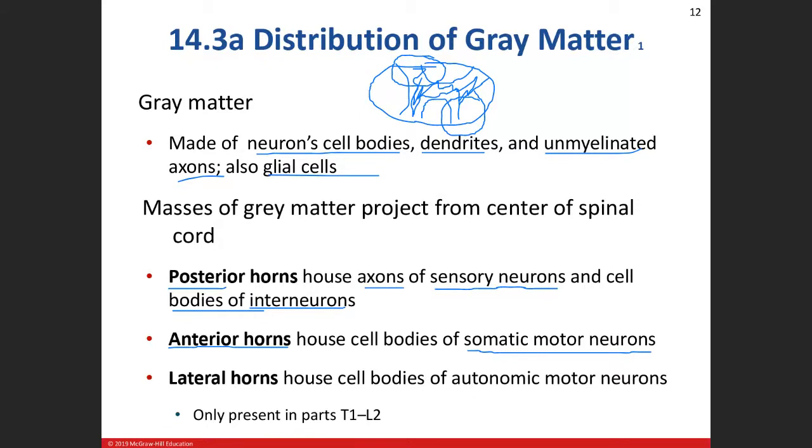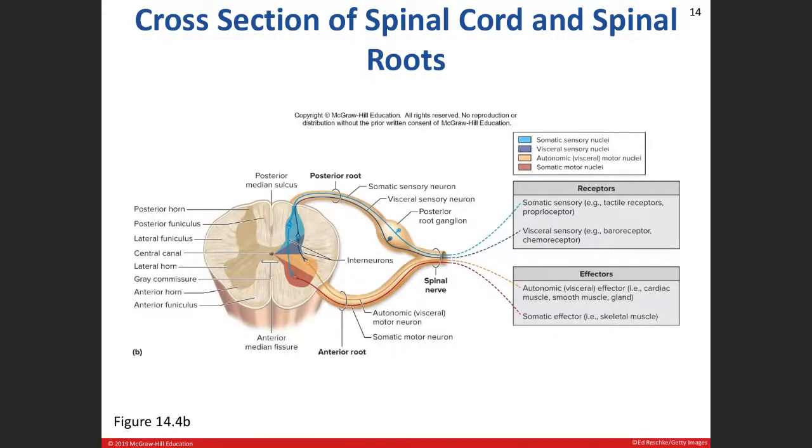In the lateral horn, I'm actually going to show you the picture. The lateral horn is going to be located over here. Here's the lateral horn. This is the posterior horn.